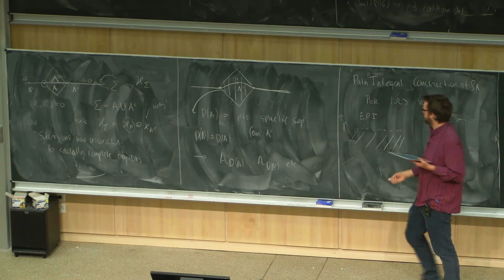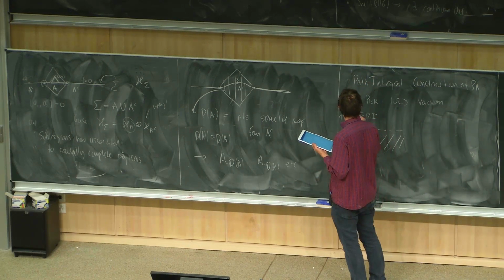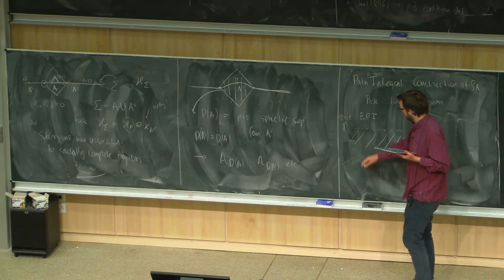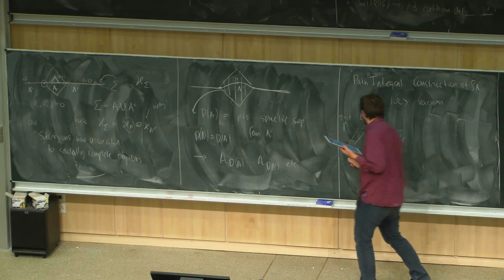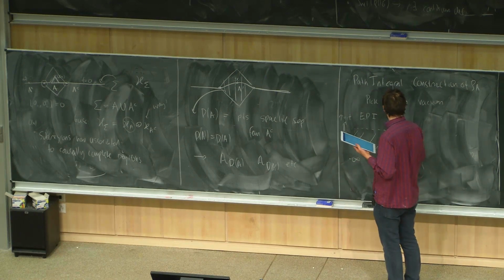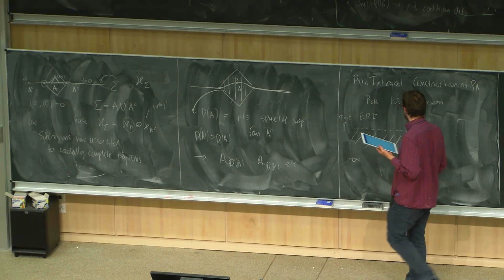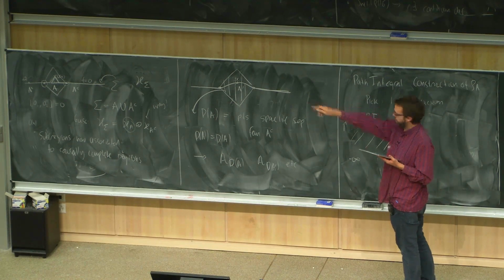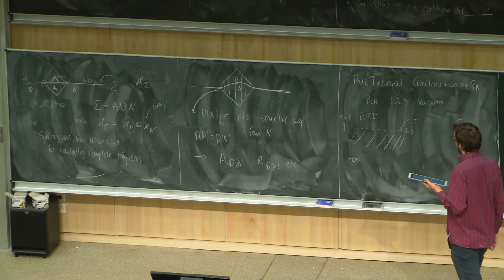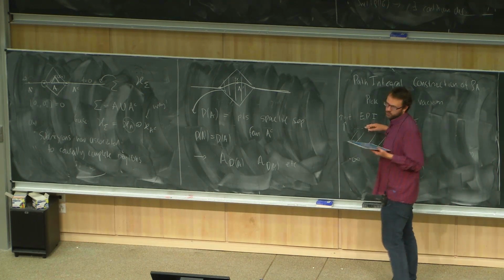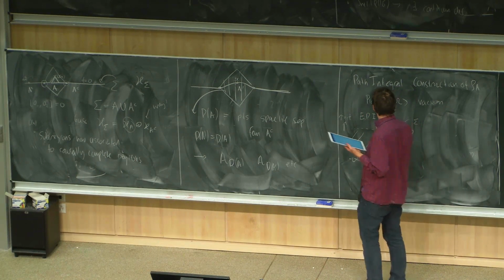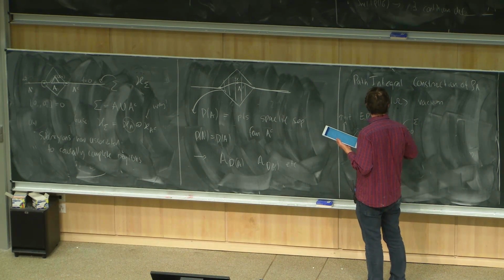I've Wick rotated, so this is somehow iT. And we do some path integral from minus infinity to the tau equals 0 surface. And if you like, this is where my sigma lives, where we impose some boundary conditions on the quantum fields. So let's say we're interested in a scalar field theory or something. We impose some boundary conditions, phi 0 of x here.